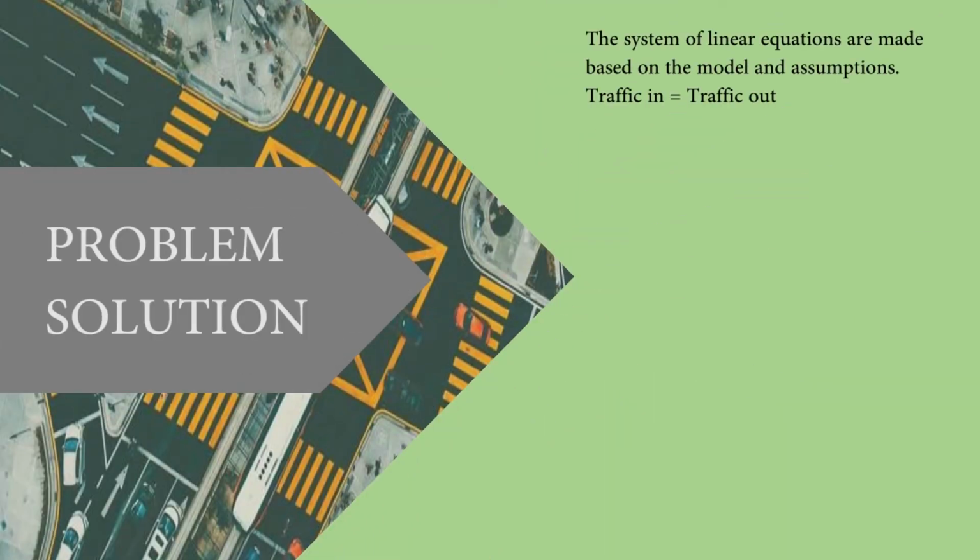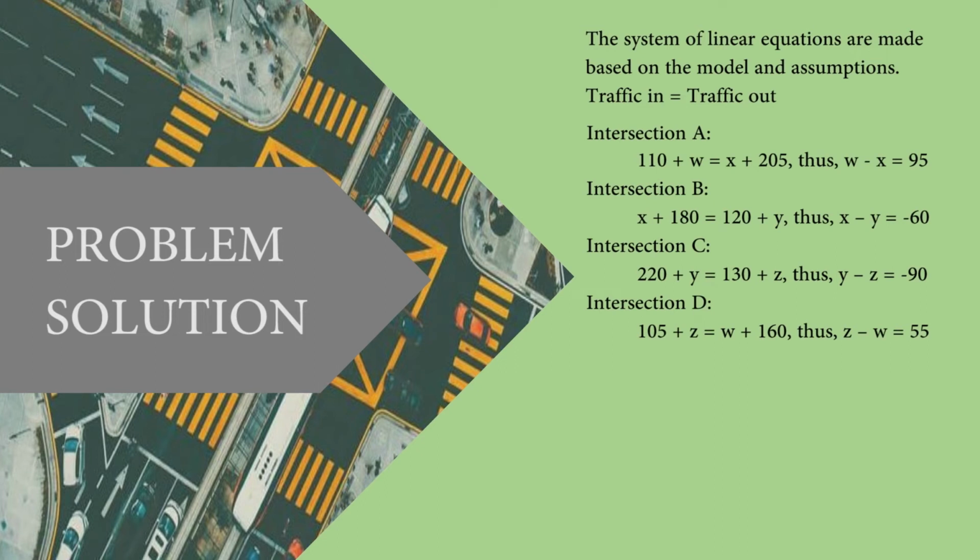So based on the model and assumptions, the system of linear equations is made. Traffic in equals traffic out. For intersection A, 110 plus W equals X plus 205. For intersection B, X plus 180 equals 120 plus Y. For intersection C, 220 plus Y equals 130 plus Z. And lastly, for intersection D, 105 plus Z equals W plus 160.